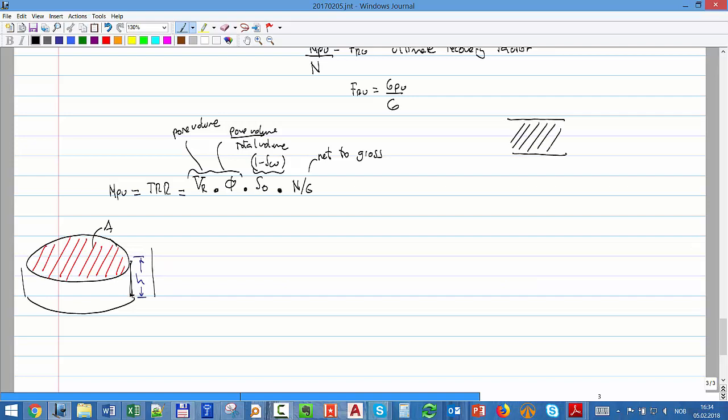Like here I have hydrocarbon, maybe it has some slabs that have shale, then I have some other layer which is hydrocarbon bearing rock, and so forth. Okay, so what I say net to gross is actually how much of the vertical distribution has reservoir, hydrocarbon bearing reservoir, right?